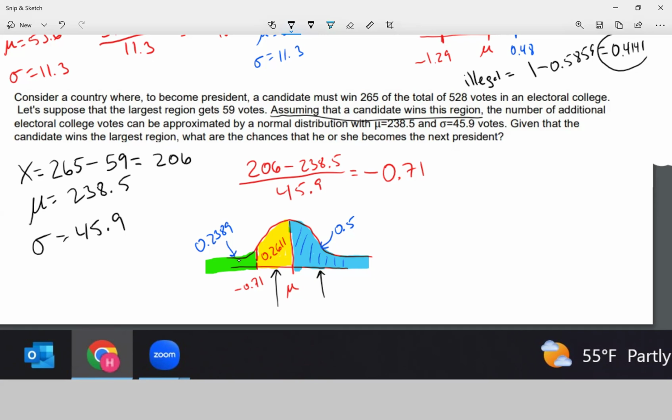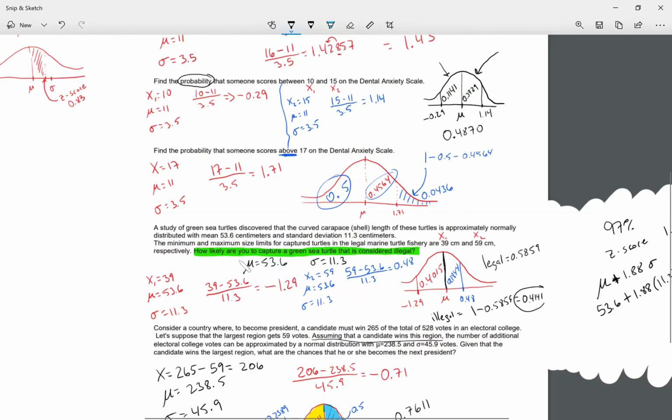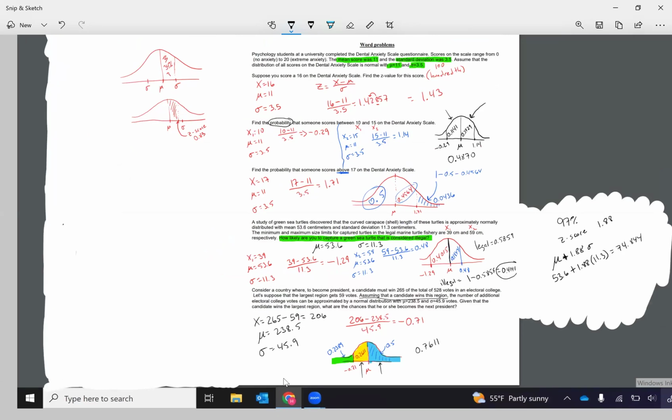Okay, so let me add those two areas, and I'm going to say the probability that this candidate wins is going to be 0.7611. Cool. Not too bad, right? Let me zoom out so you guys can see exactly what we did. Any questions, you guys can always find me.